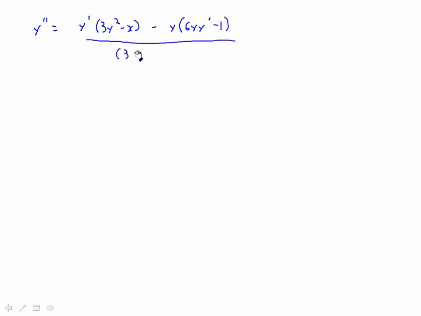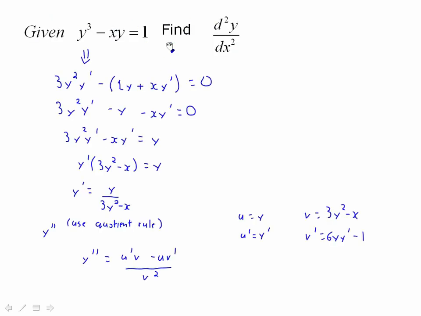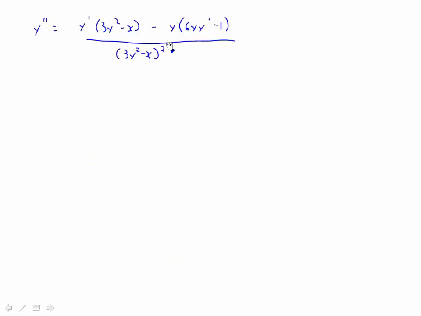So (3y squared minus x) to the 2. I'm just going to take this back for a second to make sure I wrote it all down right. Looks good.